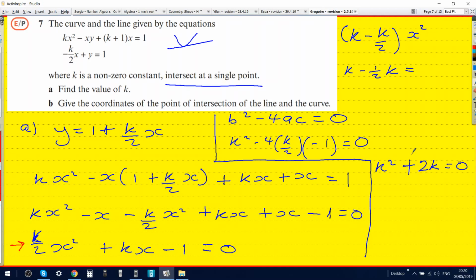What did I do? I did 4 times k over 2 and then 4 times minus 1. That would be if they had a plus in between them. It's just all three times each other, so first times second times third. Okay. k squared plus 2k equals 0.